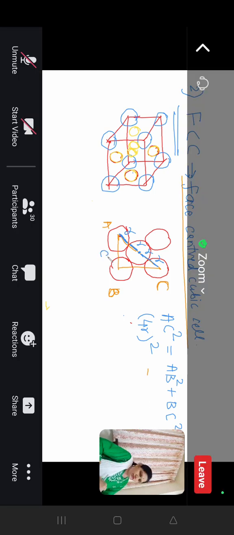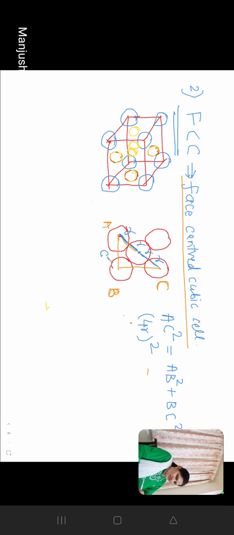AB, who will tell? No, that is A, edge length, and BC also edge length.